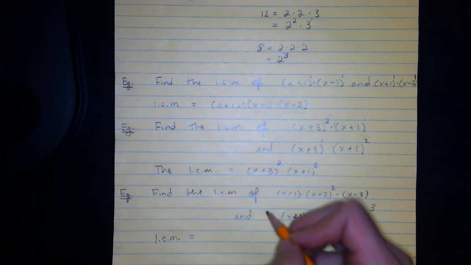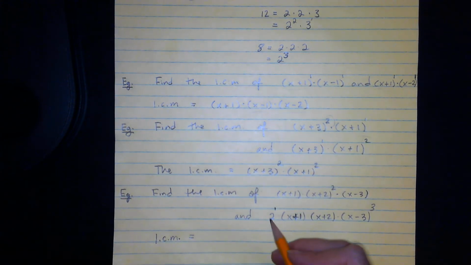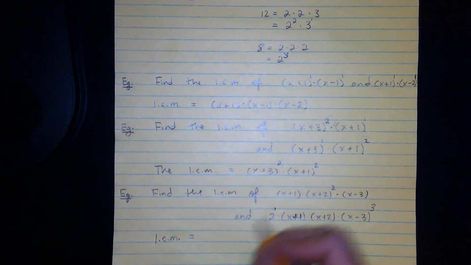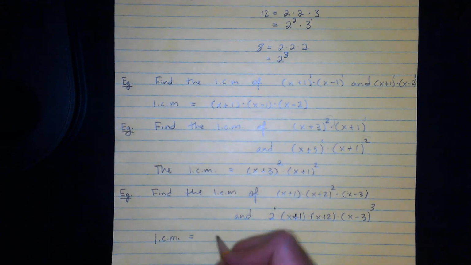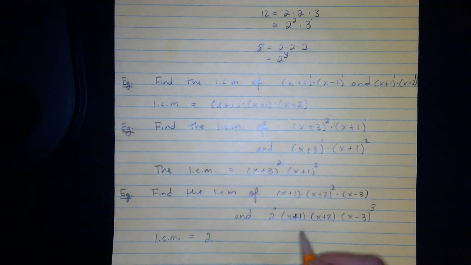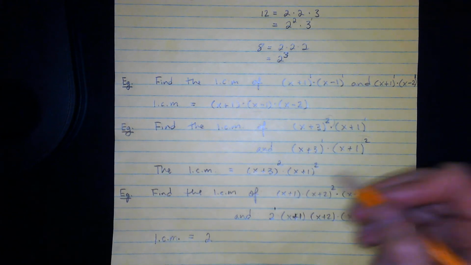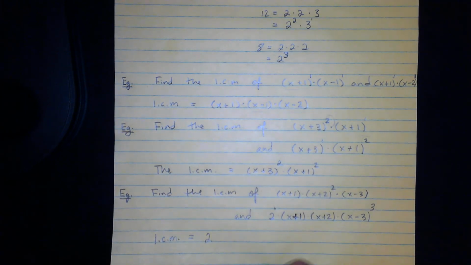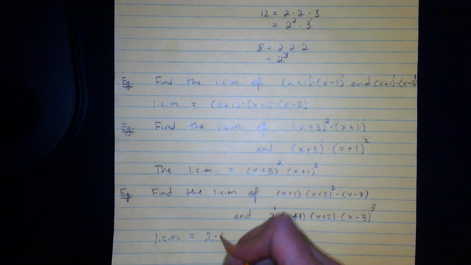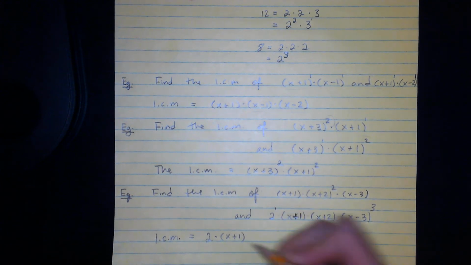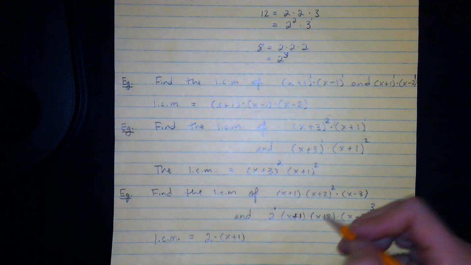So, of course, this one needs to be included, the 2, because this one doesn't have a 2. So therefore 2 to the power of 1 is the highest exponent on that factor. And then I compare the x plus 1s. Well, they both have a power of 1, so we'll include a single power of x plus 1 there. And then I compare those.